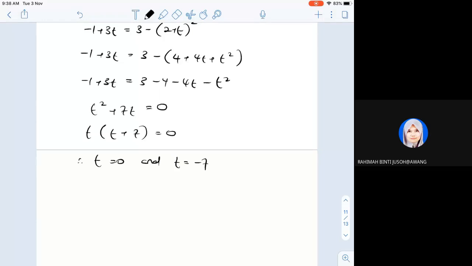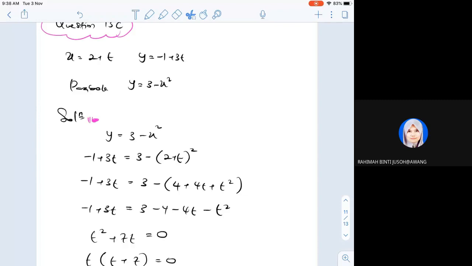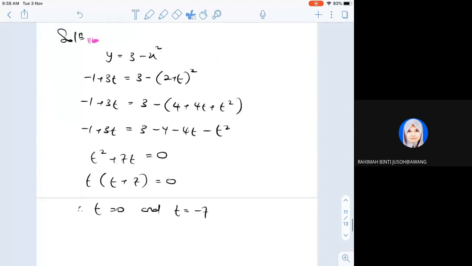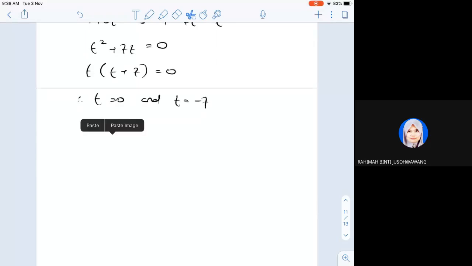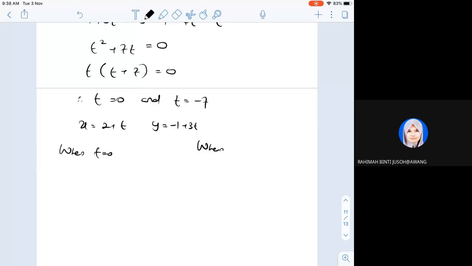Okay, now we can just substitute into this formula to find the point of intersection, to find the coordinates. When t equals to 0, and then when t equals to -7.